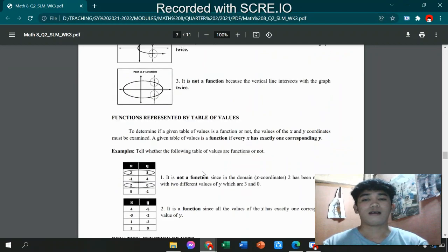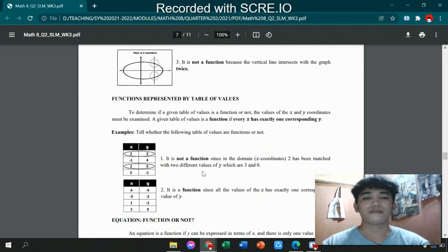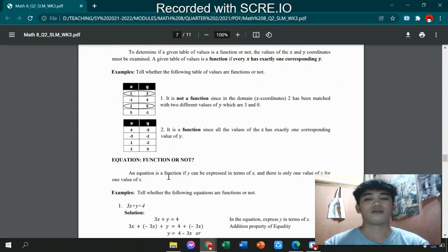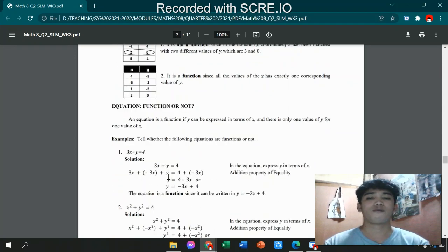And also we talked about how to identify whether a given table is a function or not, and also if a given equation is a function or not. So there are different ways on how to identify whether it is a function or not.